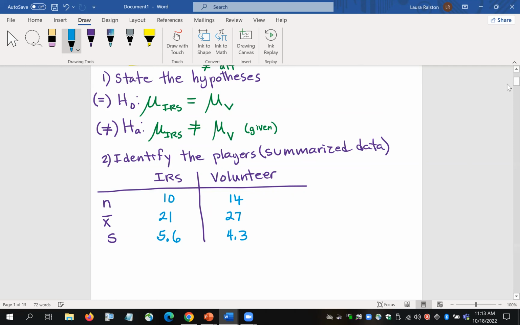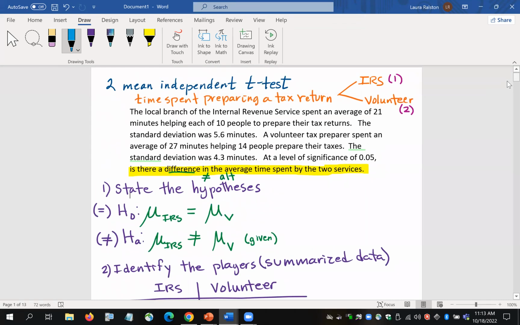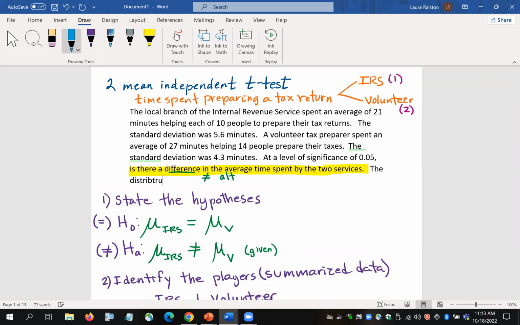Now, I do notice, in this case, this particular problem doesn't specifically say that the distributions are normal. So I'm going to add that. The distributions are approximately normal, because your problem really should tell you that.